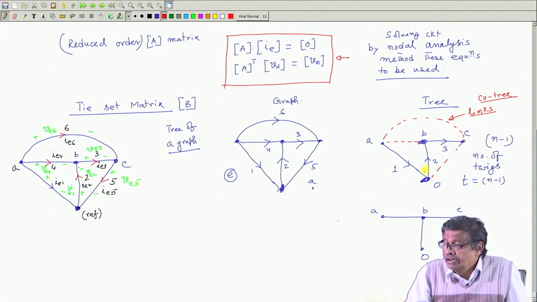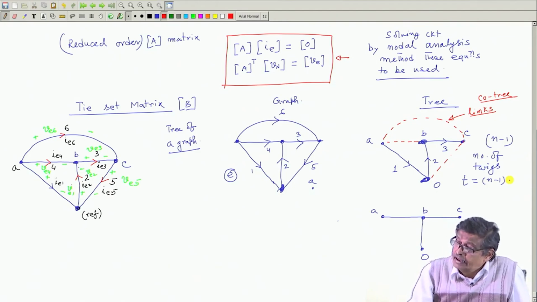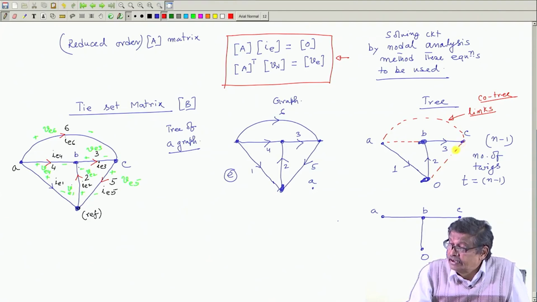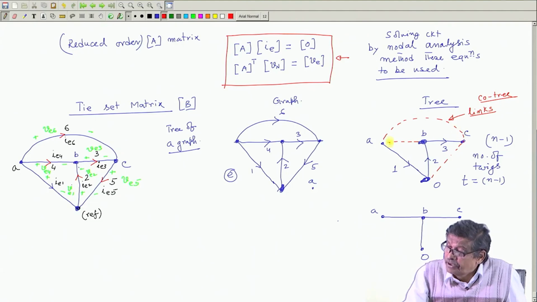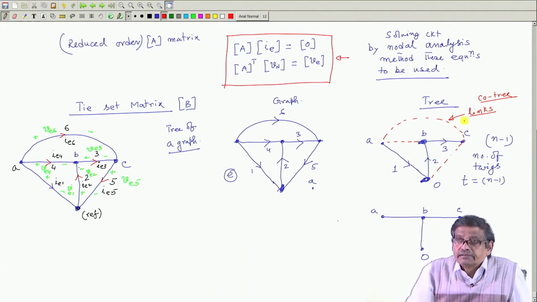How many elements will be there in a tree? It will be n minus 1. The left out branches to construct the tree are these red lines. This I will call the co-tree. And the branches of a co-tree are called links.